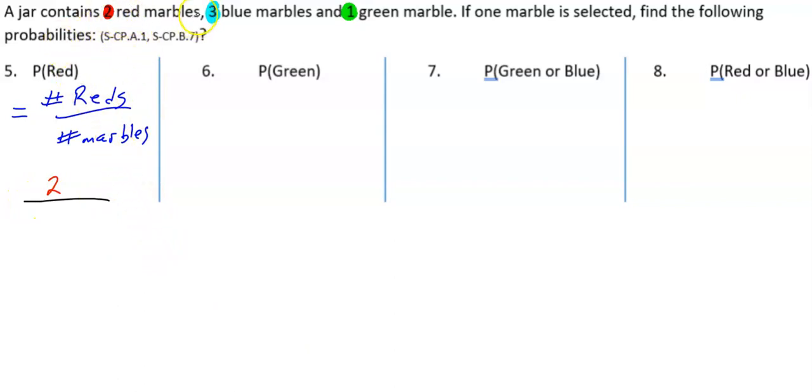There are 2, 5, 6 marbles in the jar, and that would be a probability of 1/3. Okay, so now finish up 6 through 8. Notice on 7 and on 8, it says green or blue. So you need to count the green and the blues together. On 8, you need to count the red and the blues together.